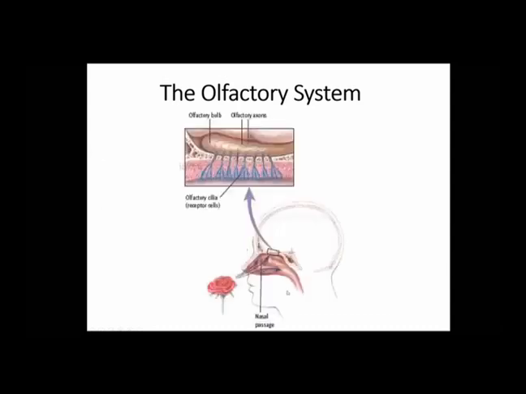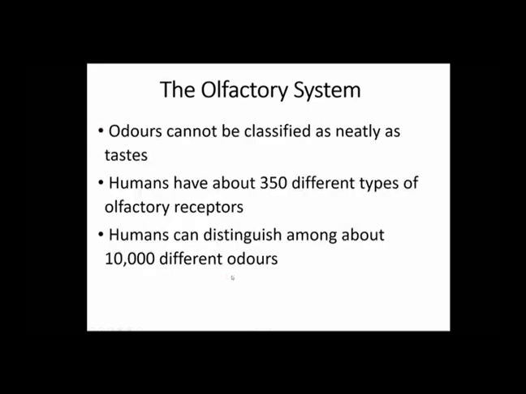So we can go back to this example here, and maybe the smell of a rose is going to bind to receptor A and B. And when we smell that, we know it's rose smell. And there are going to be more specific scents, but with only 350 receptors, every single smell can't have its own unique receptor.